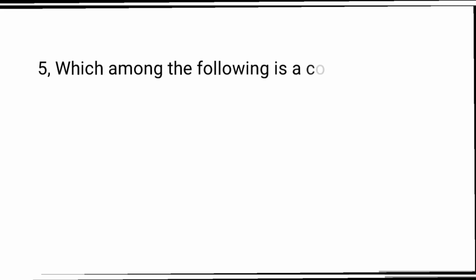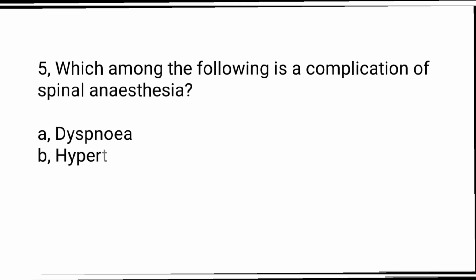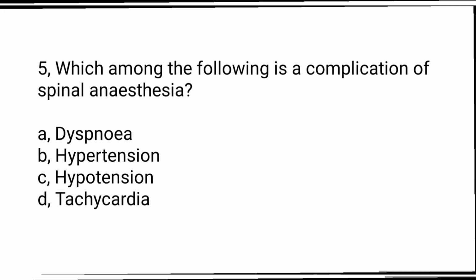Which among the following is a complication of spinal anesthesia? Option A dyspnea, option B hypertension, option C hypotension, option D tachycardia. The answer is option C hypotension. Hypotension is the common and immediate complication of spinal anesthesia caused by decrease in systemic vascular resistance and cardiac output.